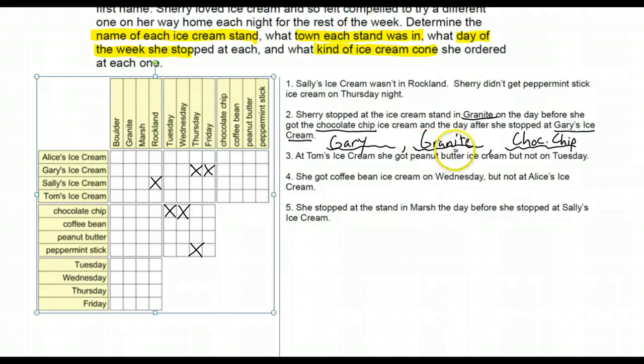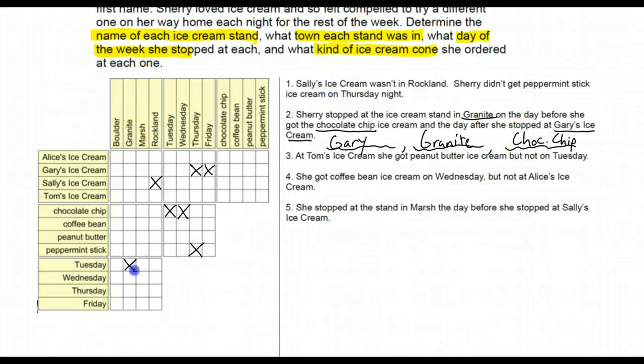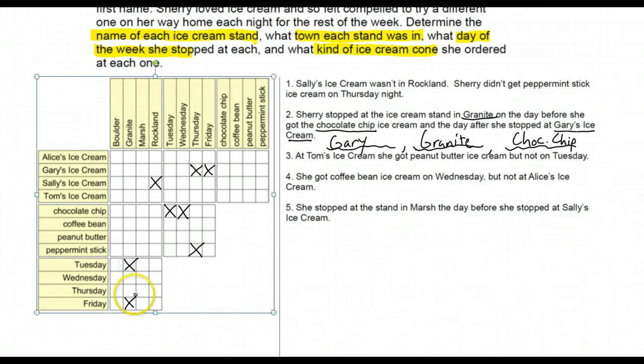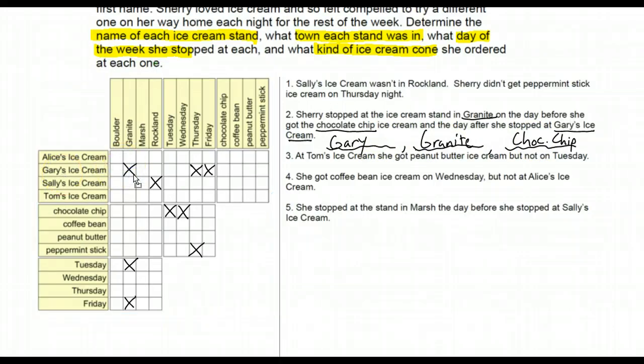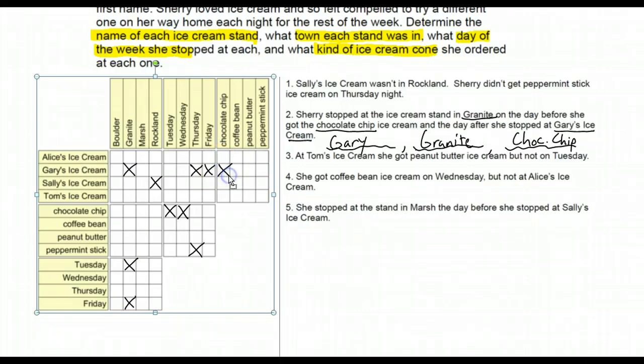Finally, granite has to be somewhere in between these two, which means that granite cannot be Tuesday or Friday. It has to be either Wednesday or Thursday to have a day before it and after it. The other thing we can conclude about this statement is that these three things are three separate events. So Gary is not granite, and Gary is not chocolate chip. So let's mark that.